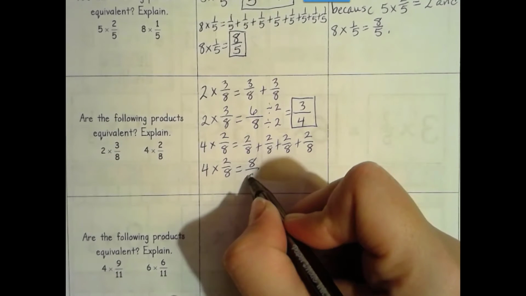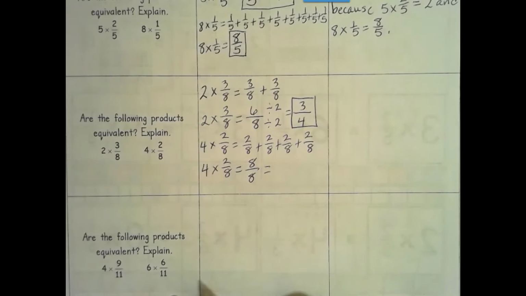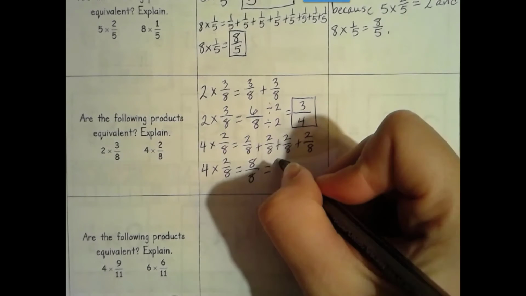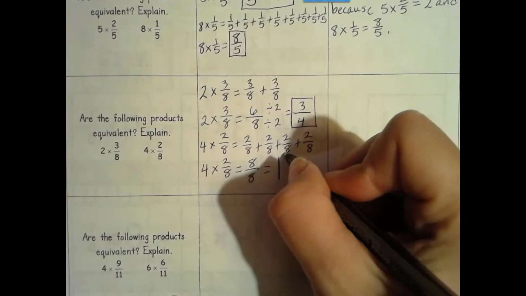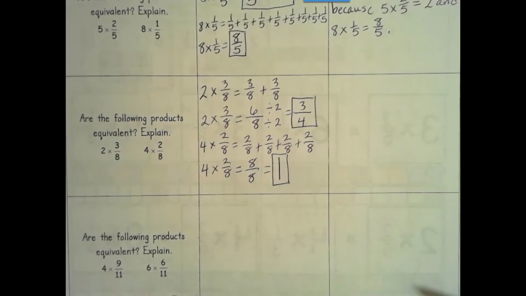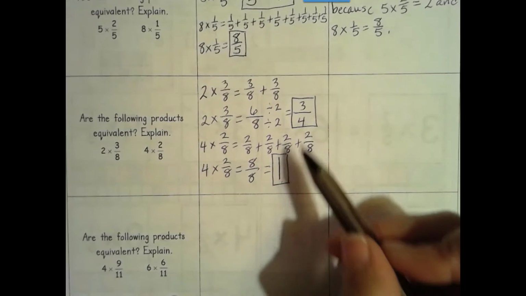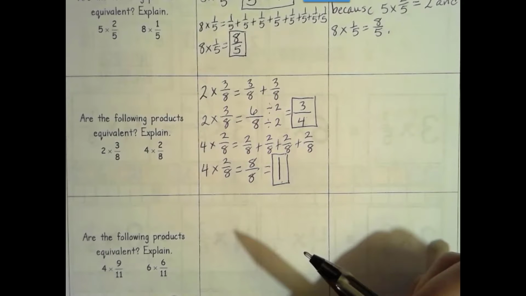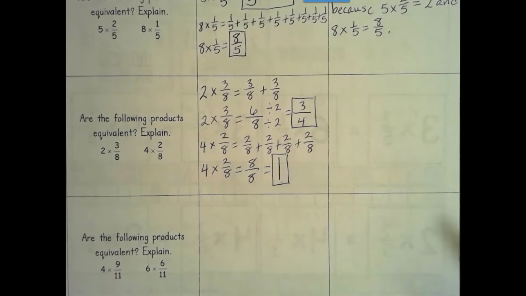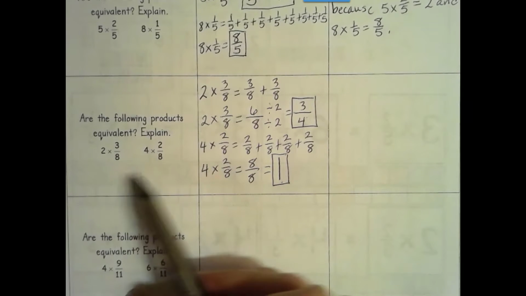I have 8 eighths. Well, how many groups of 8 can I get out of 8? 1. There's one whole unit filled in here. Is 1 and 3/4 equivalent? Are those exactly the same thing? No, they are not. So that means these products are not equivalent.